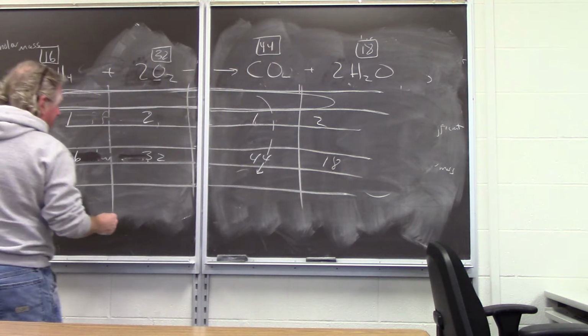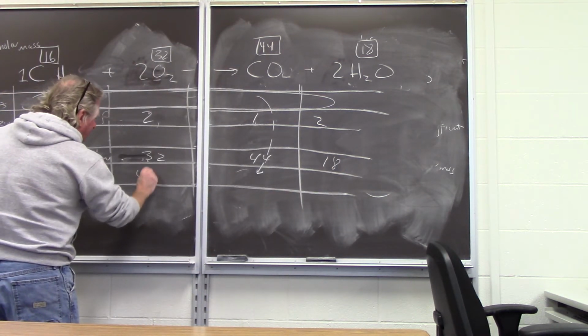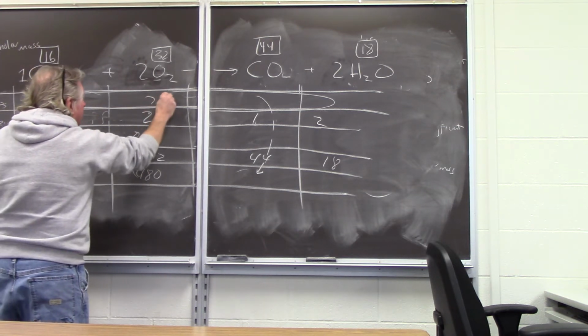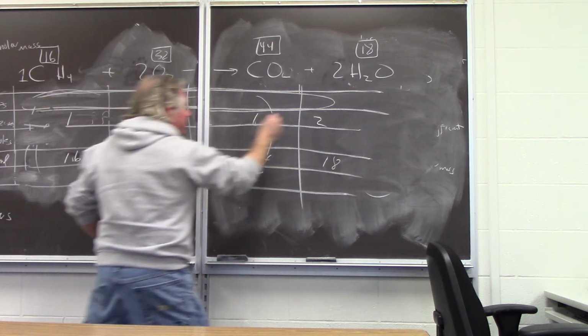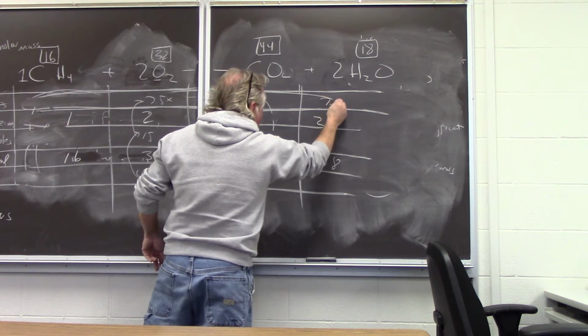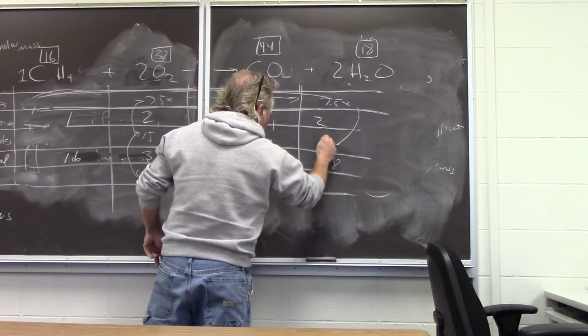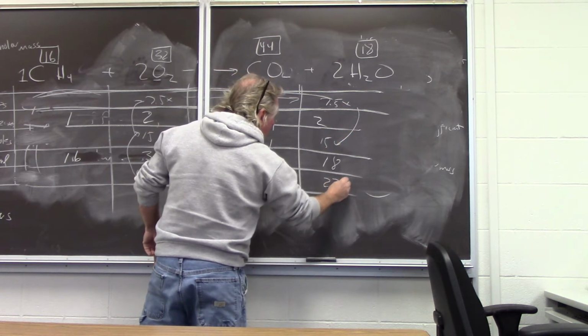Okay, so I started out with, what was it, 480 grams, 15, 7.5. Bring the 7.5 over here. 15, and then 270.